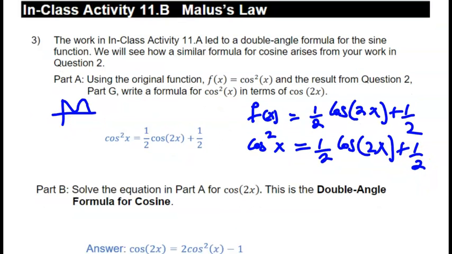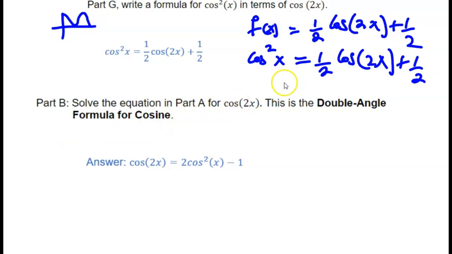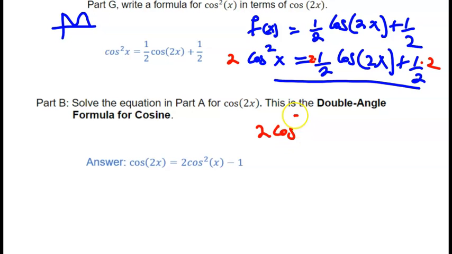The next thing we want to do is to solve this equation for cos 2x. So we are going to make cos 2x the subject of this equation. If we multiply through by 2 just to clear the fractions, we get 2 cos squared x equal to cos 2x plus 1.